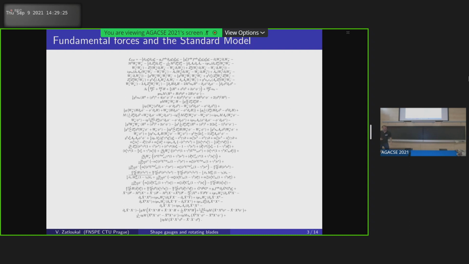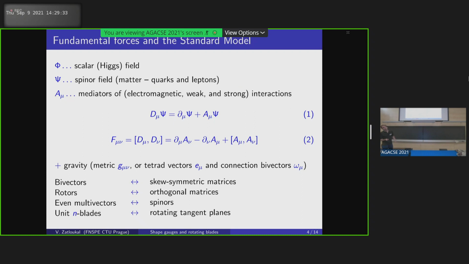So this is really the driving force behind what I'm going to talk about, the motivation for my work. As I said, there are various kinds of fields lying on space-time: scalar valued fields and spinor valued fields that describe matter, and then the mediators of interactions, which are the connections, or the gauge fields.